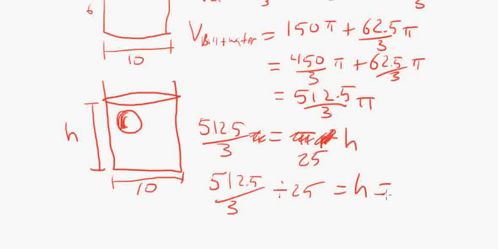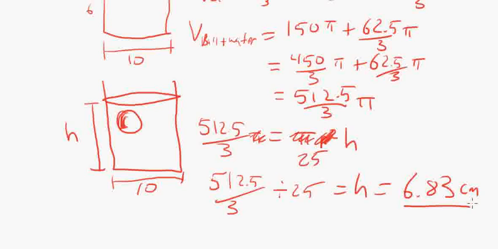So h is going to equal, let's calculate this out, 512.5 divided by 3 divided by 25. H has a height of 6.83 centimeters.